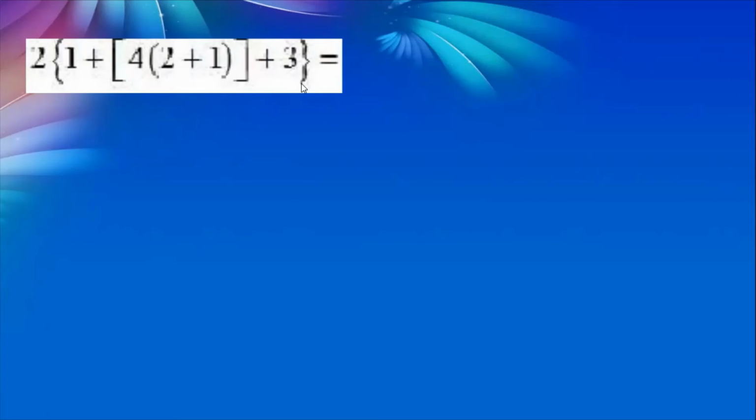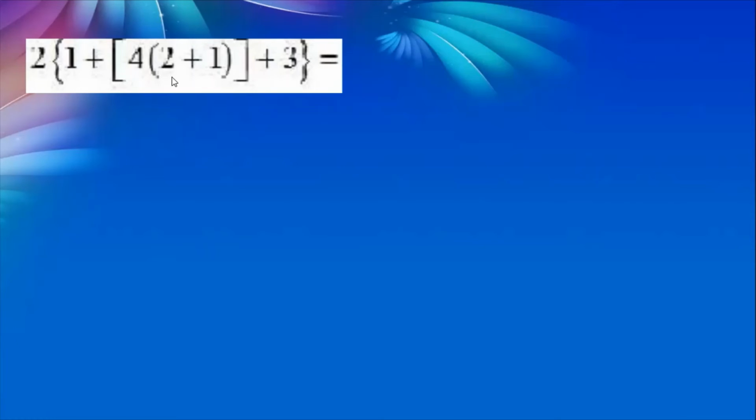Now, don't you worry. PEMDAS tells us that we need to do the numbers that are inside the parentheses first.